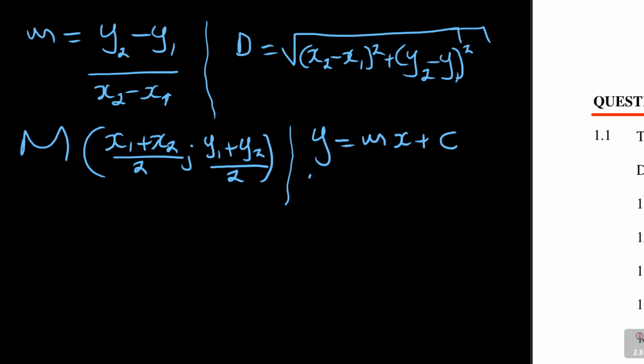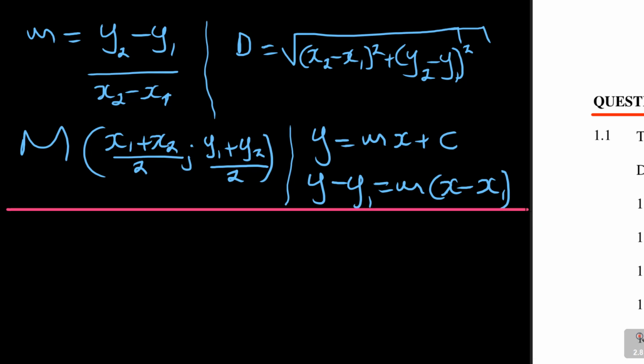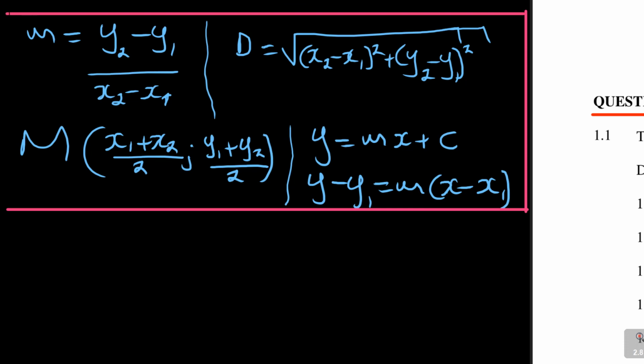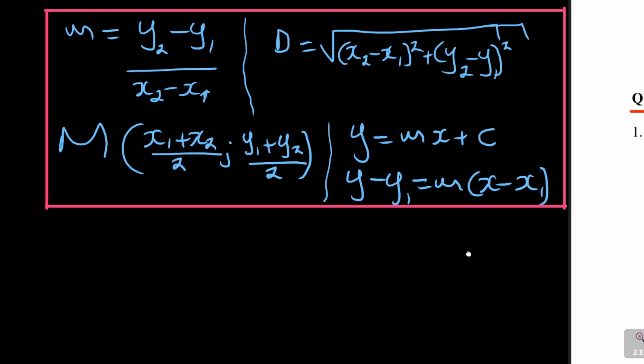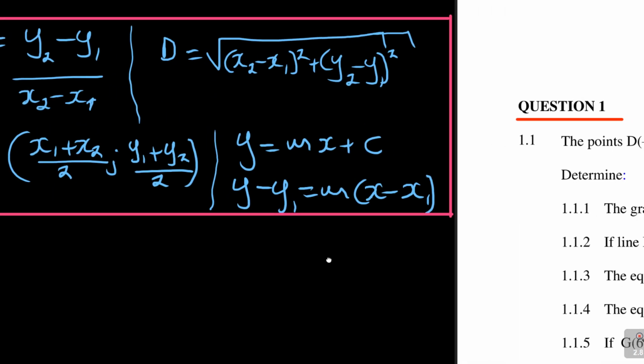I prefer this one, but there is the other one, which is y minus y1 equal to m times x minus x1. Guys, you need to have these handy. That's why they allow you to get more practice of these in your grade 11. In grade 12, yes, the formulas are given, but you can even apply them without looking at the formula.